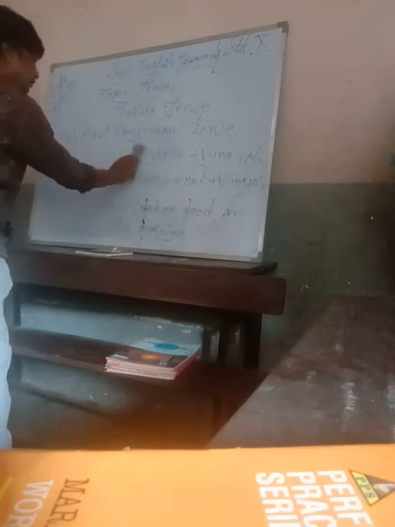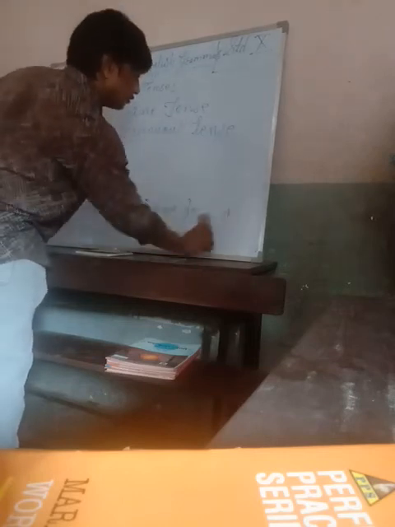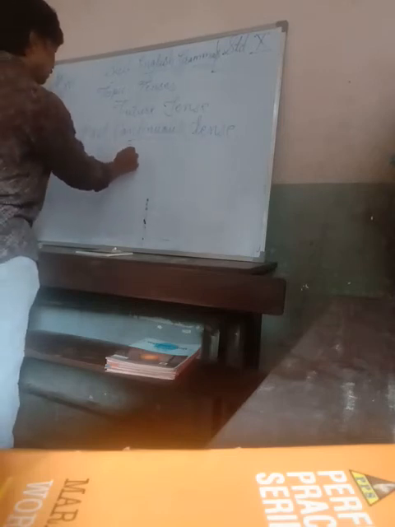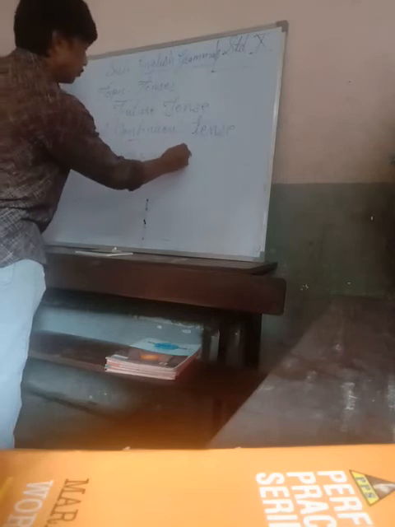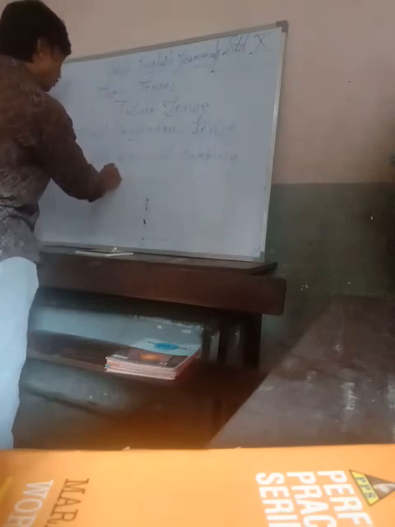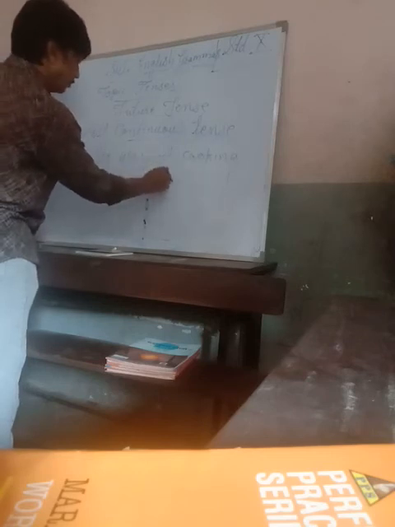Now we have to change it into a negative sentence. The same sentence. This is the second formula. We have to give the title negative, then write the sentence. She was not cooking food in the morning.